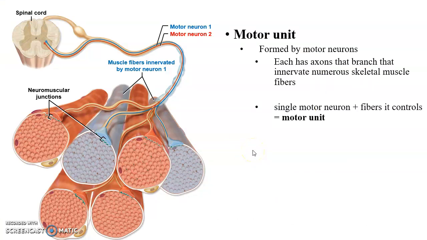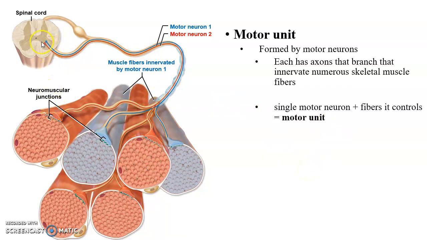All right, leaving the realm of the molecular and microscopic and starting to head to bigger structures, we have something called a motor unit. A motor unit is basically all of the muscle fibers that are controlled by the same single somatic motor neuron.